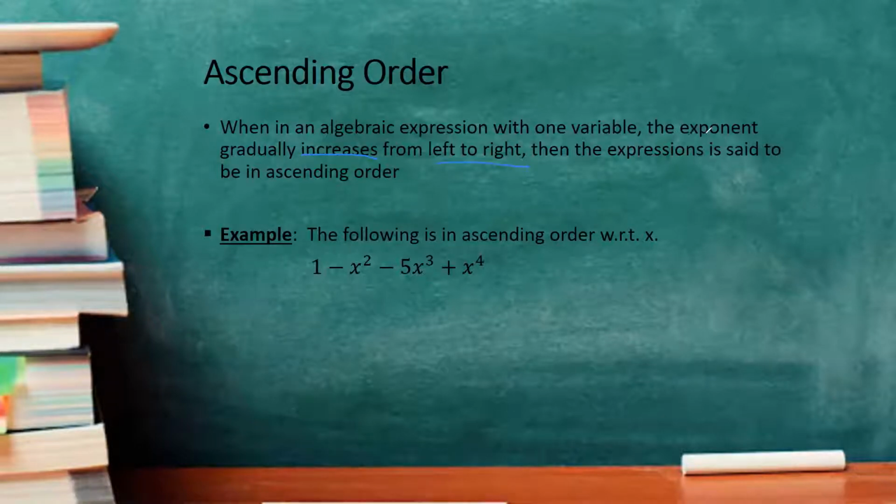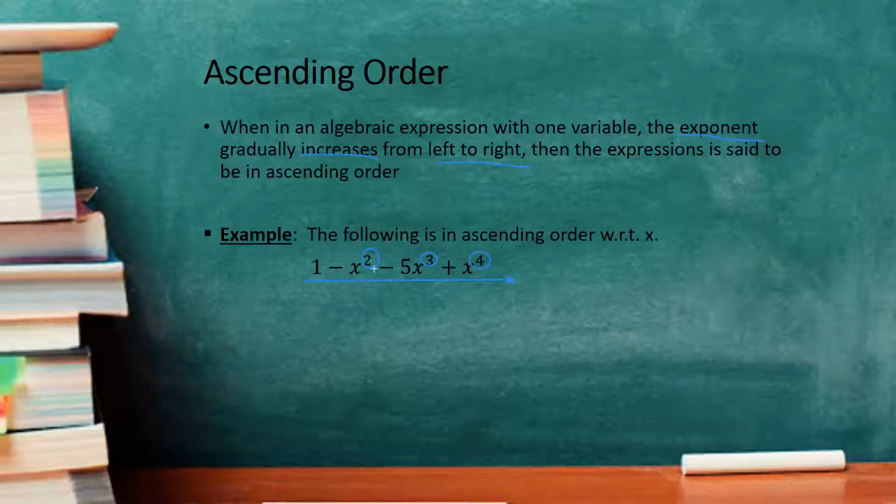Okay? When the exponent is increasing from left to right, here we can see the degree of x is increasing. Here no x is there, that means x power is 0, x power 2, x power 3, x power 4, right?